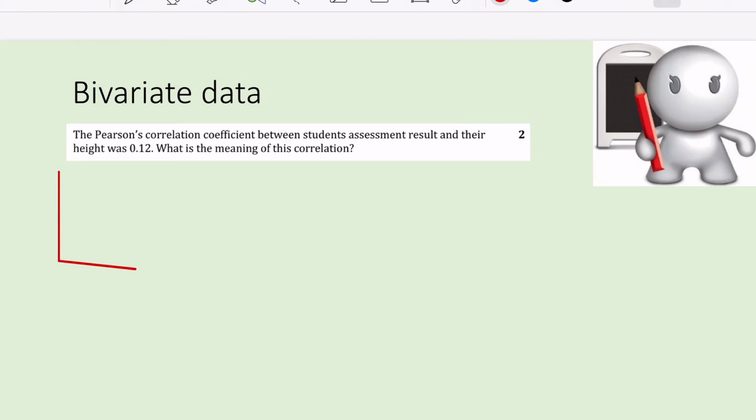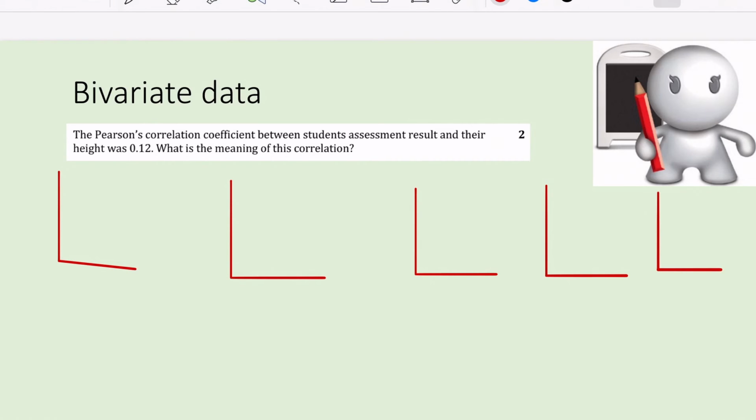With bivariate data, what we are actually doing is comparing two different variables. When we compare these two different variables, what we will get is these scatter plots. Now if the scatter plots are closely aligned and are increasing, then we have a high correlation coefficient, which could be, say, greater than 0.8.